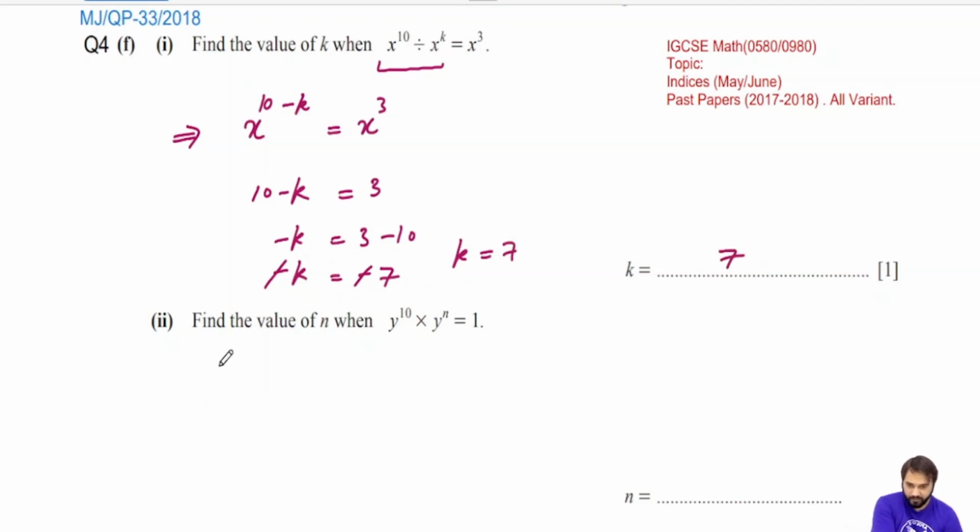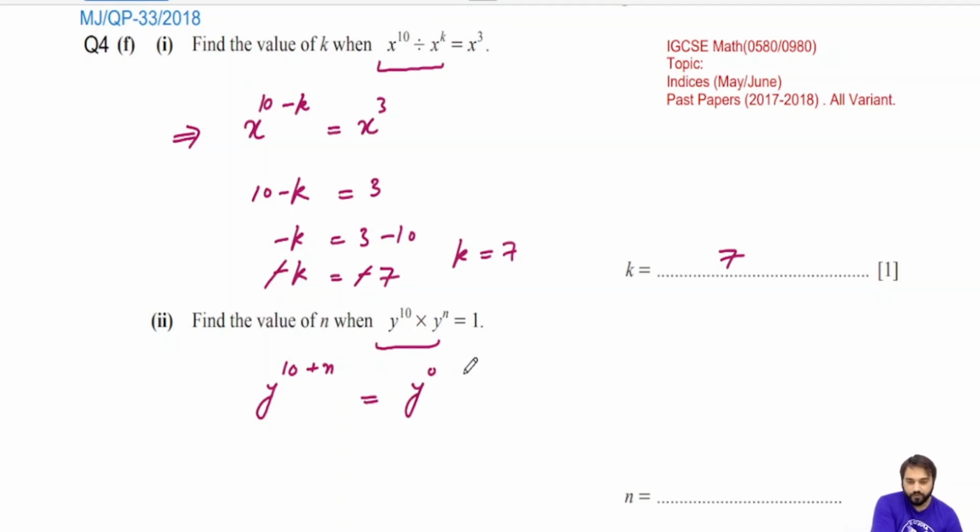Part 2 is find the value of n when y raised to power 10 into y raised to power n equal to 1. Apply the index rule, write y one time and add the powers because of multiplication, 10 plus n. For 1, I can write y raised to power 0, because before equal we have y raised to power something. So we have to convert 1 into y power 0, not any other variable, or x power 0, t power 0.